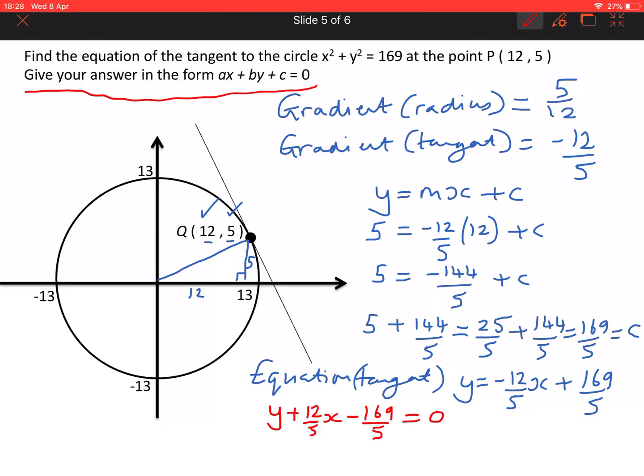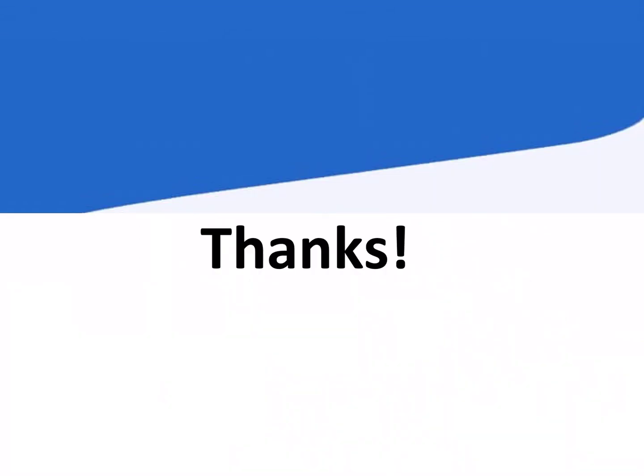And to make it in a nicer form, I would multiply through by 5 so that we clear the fractions and we've only got integers. So if I multiply through by 5, that will become 12x. I'd have to multiply y by 5 to get the 5y. Then it'll be take 169 equals 0. So I've got it into the form ax plus by plus c equals 0, where a is 12, b is 5 and c is negative 169. Okay, thank you very much for watching.